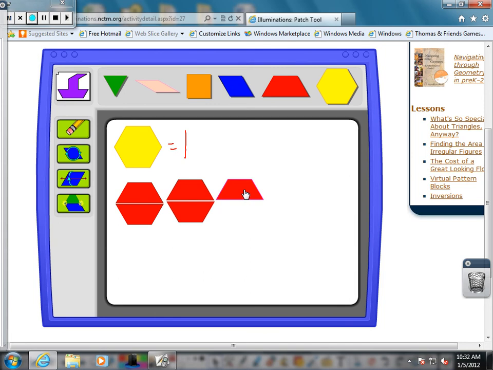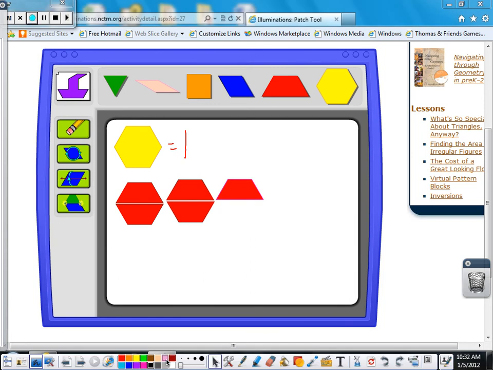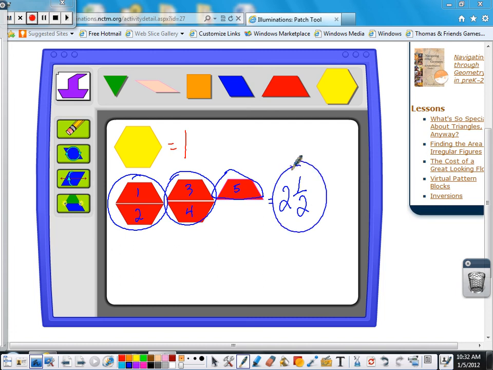So when I look at these two and I say, well, what are 5 trapezoids worth? There's 1, 2, 3, 4. 5 trapezoids are equal to 1 whole, 2 wholes, and a half. So that equals 2 and 1/2. 2 and 1/2 now is my improper fraction.